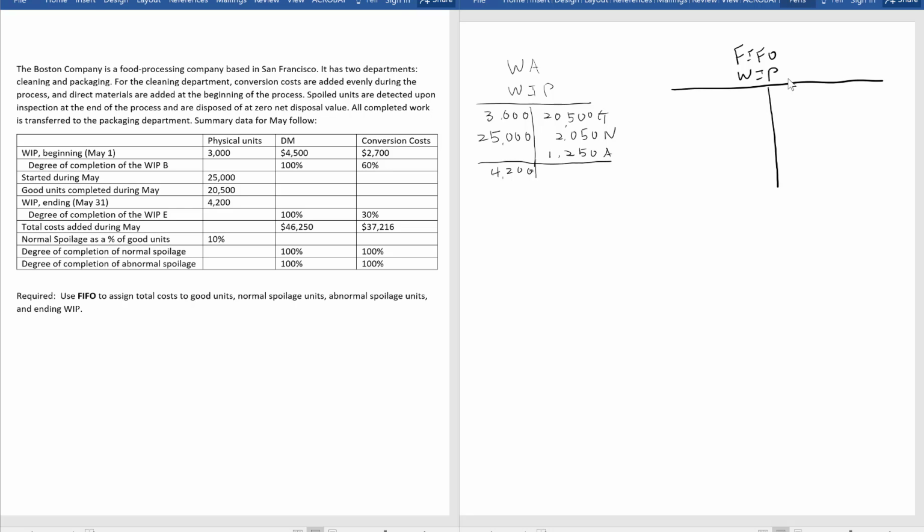So beginning work in process, 3,000 units, will be completed first into good ones. Next, 20,500 of total good units minus 3,000 equal to 17,500 units are good ones started and completed in the same period.